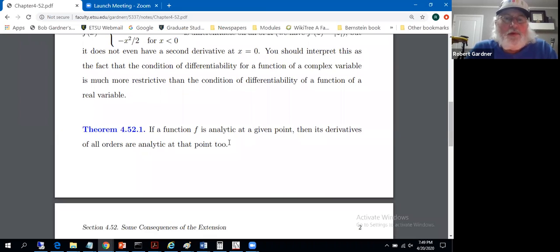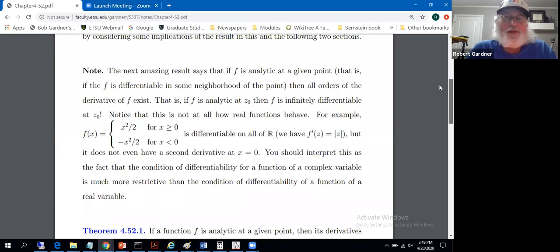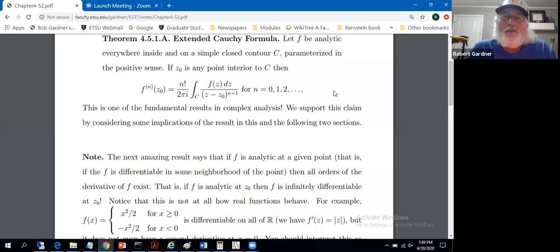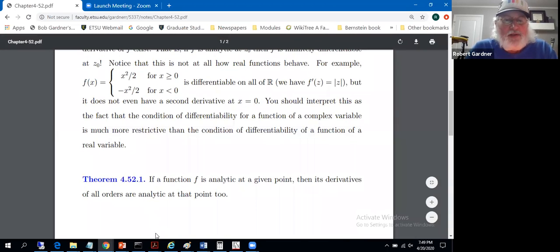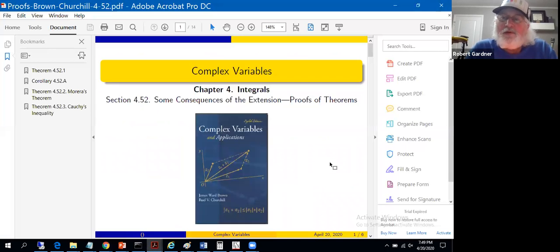The theorem pertinent to this says, if a function f is analytic at a given point, then its derivatives of all orders are analytic at that point too. Well, that's going to be based on the extended Cauchy formula. Here, we're dealing with the nth order derivative and expressing it in terms of integrals. So with the integral existing, we've got existence of these nth order derivatives. So let's look at a proof of that and a proof of a handful of other things.